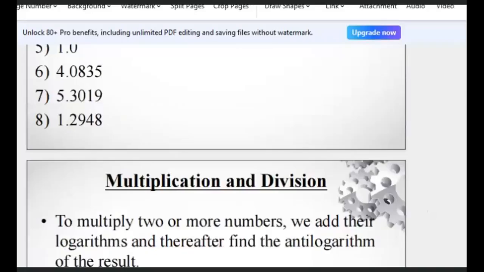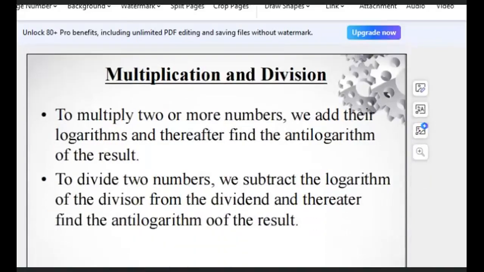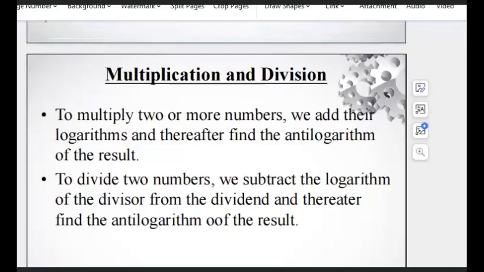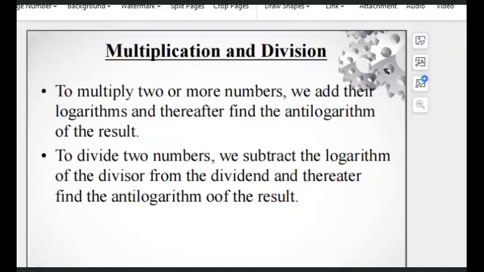So let's look at multiplication and division in logarithm. When we are asked to multiply or divide in logarithms, how can we go about it? To multiply two or more numbers, we add their logarithms and thereafter find the anti-logarithm of the result.